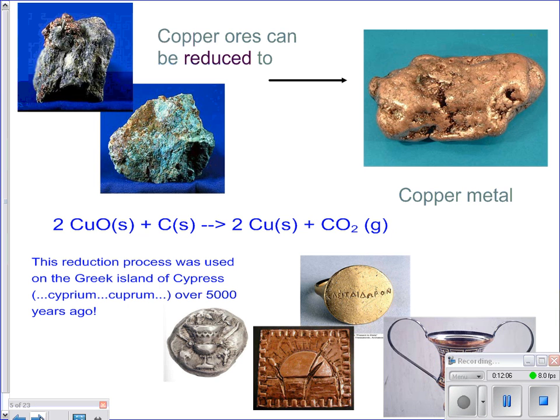The opposite would be reduction. The easiest way to think about this is these nice metal ores that are found, which might be something like a copper sulfide or a copper oxide, some sort of compound that contains a metal in it, and it can be reduced to that pure metal. In this case, it happens to be copper.